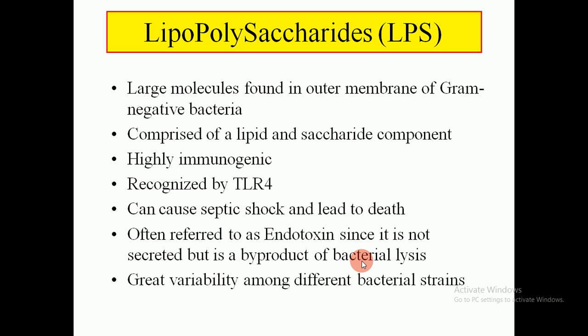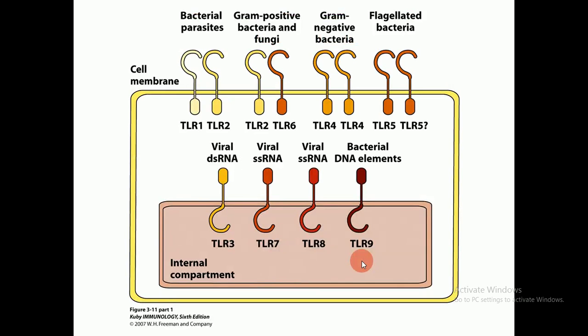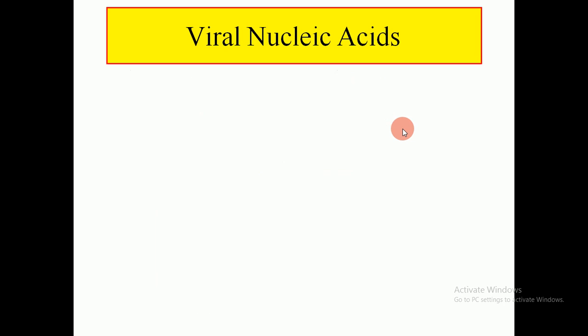Great variability exists among different bacterial strains. And here the cell membrane, and this is a bacterial parasite that binds to toll-like receptor 1 and 2, and gram-positive bacteria to toll-like receptor 2 and 6, and flagellated bacteria bind to toll-like receptor 5, and so on.